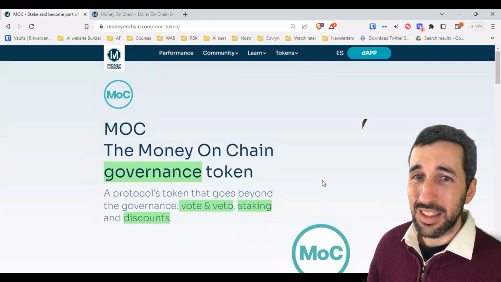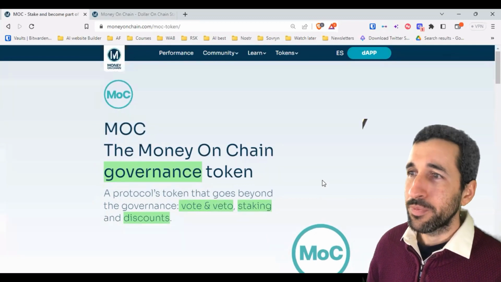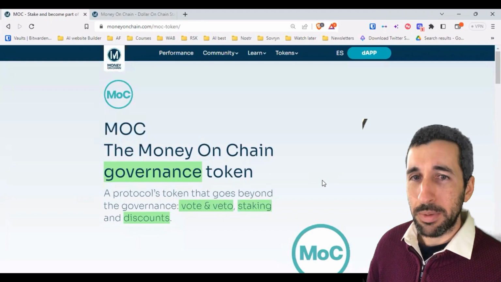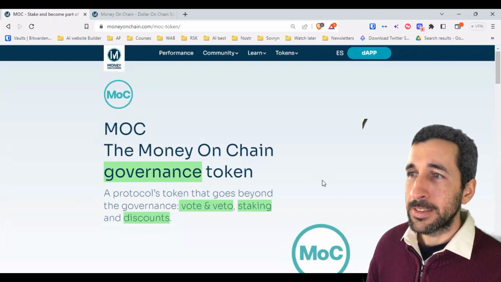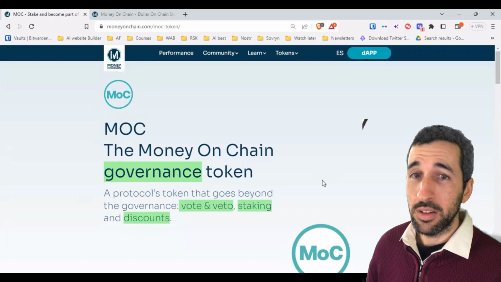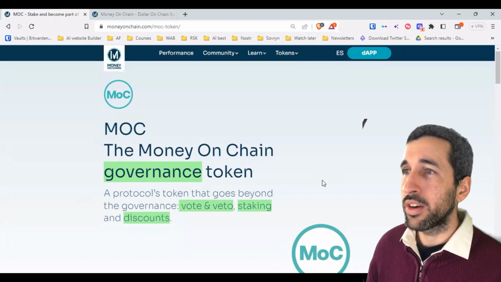And personally, I think that's a very good thing, because most people just don't want to have to worry about that too much. So MoC is a very simple protocol, but I think that's one of its major strengths, because it does few things and it does them extremely well, and therefore it doesn't require a very active governance.